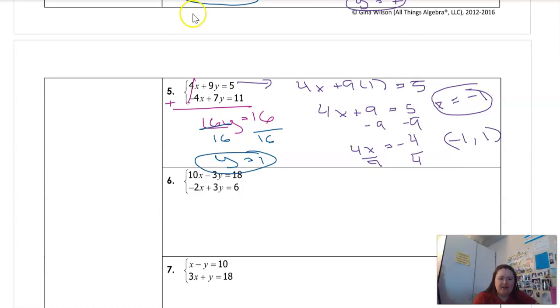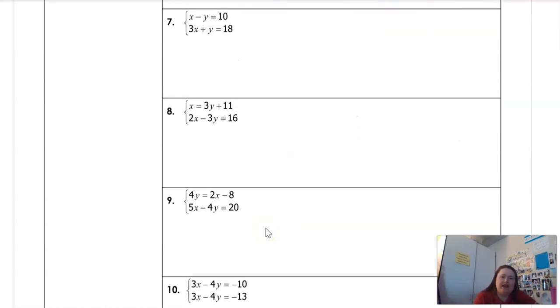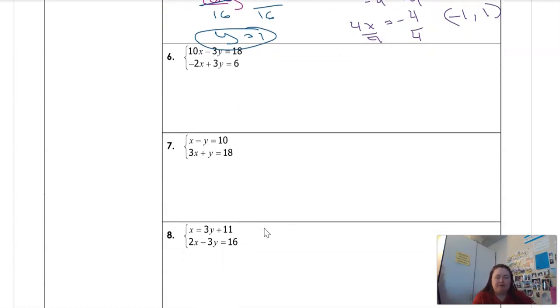So these are all kind of the same idea. We're adding, a variable cancels, and then we can check and make sure, or then you find the second variable. That's really all we're doing here. So solve for one variable, add them, solve for the other variable.